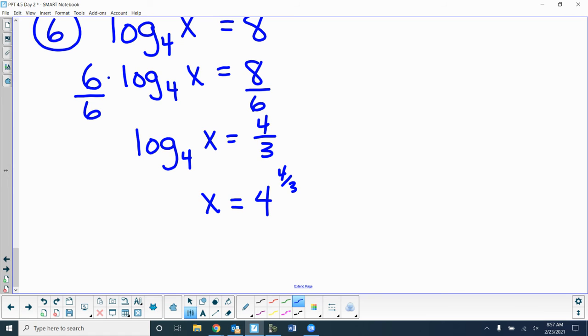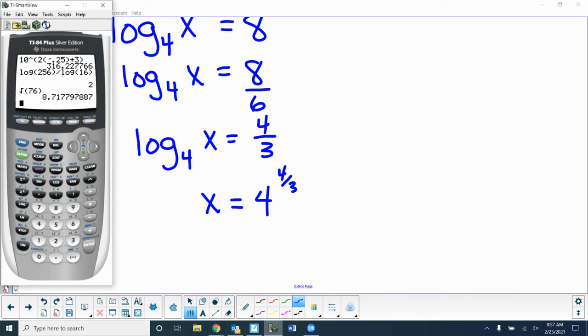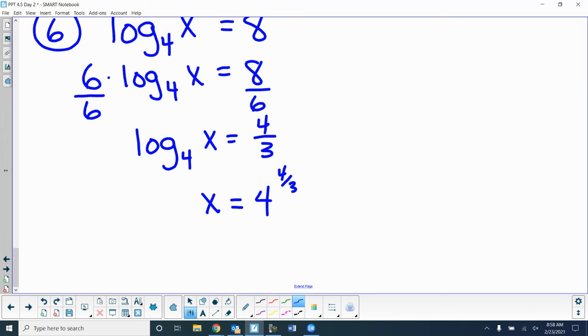Okay, you put that in your calculator. 4 caret, parenthesis, 4 divided by 3. So 6.35 if we go to 3 decimal places, right? The 9.6 makes that a 10, so I have to make that a 5, right? 6.35.